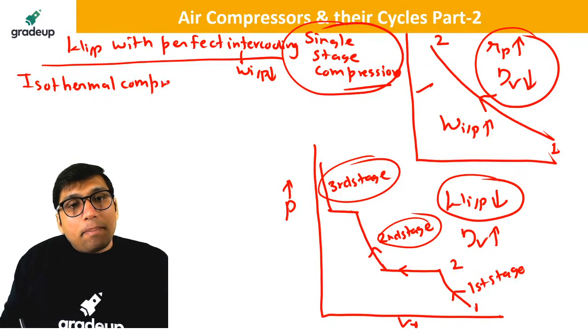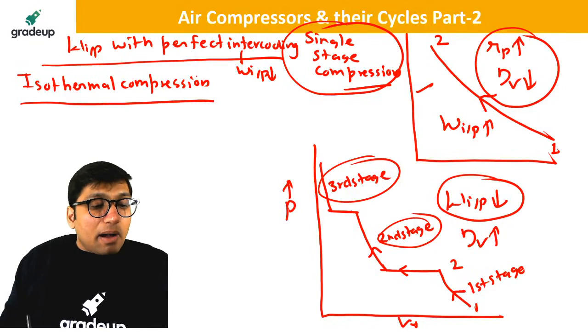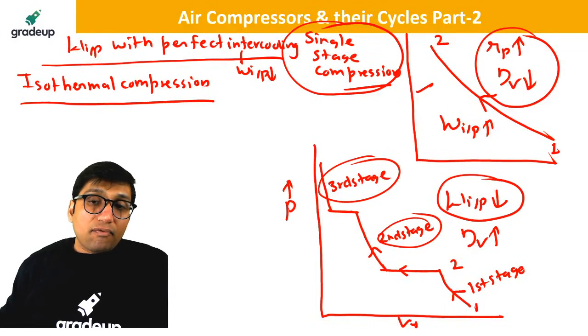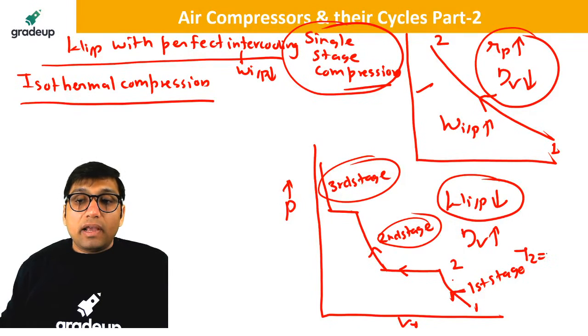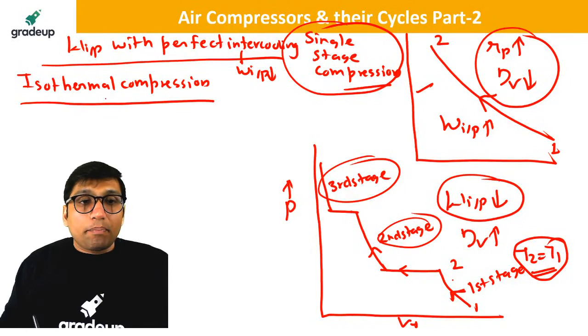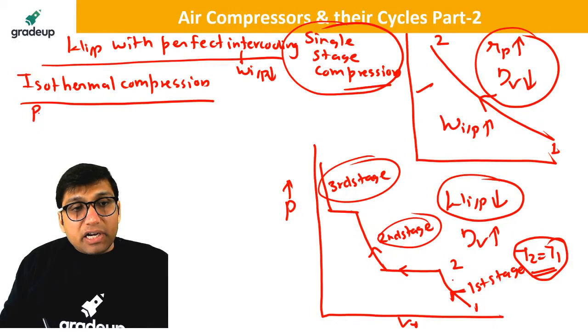So what is the meaning of perfect intercooling? Perfect intercooling is that intercooling in which the compression becomes isothermal compression. That means if this is the first stage of compression, then in perfect intercooling, T2 will become T1. This will happen in the case of perfect intercooling. Also in the case of perfect intercooling, the pressure ratio in each stage will become equal.